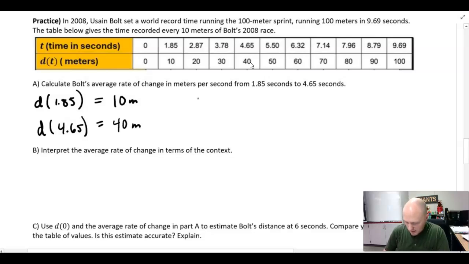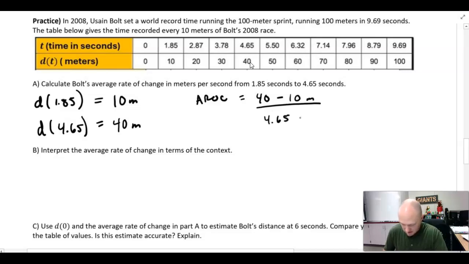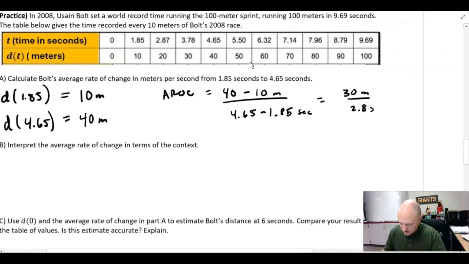So our average rate of change is going to be delta f of x, so f of x2, which is 40, minus f of x1, which is 10, in meters, over our time here. So 4.65 seconds minus 1.85, in seconds. So we get 30 meters per 2.8 seconds.